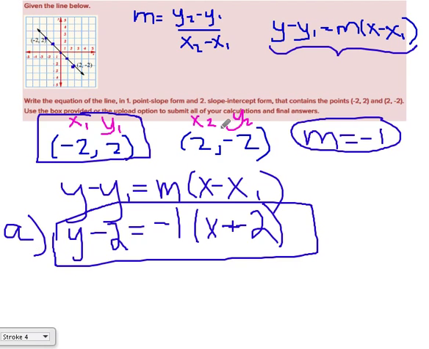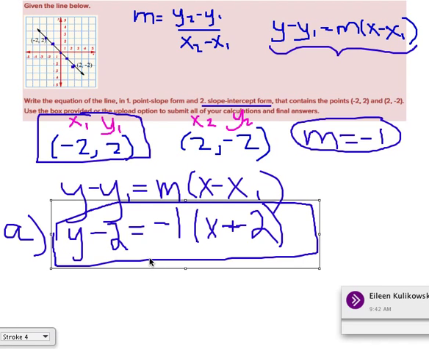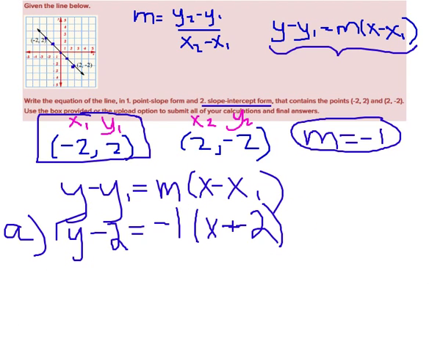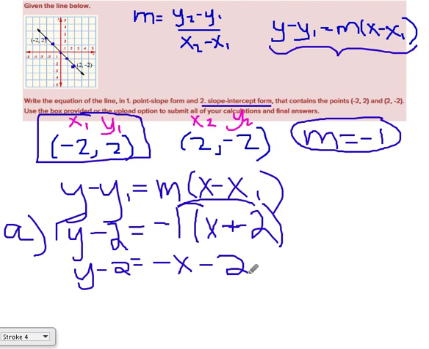Now part 2 says put that equation in slope-intercept form. Slope-intercept form is when y is isolated, so you have to solve for y. Okay, so let's do that. When solving for y, the first thing you want to do is distribute the -1. So that would be y minus 2 equals -1x minus 2.